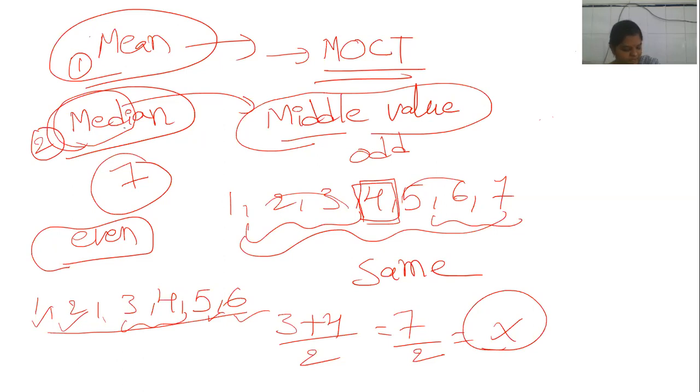The median is defined as that value which divides a distribution in such a way that an equal number of items occur on either side of it.